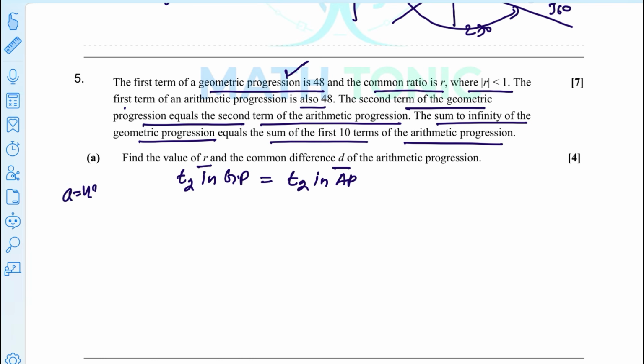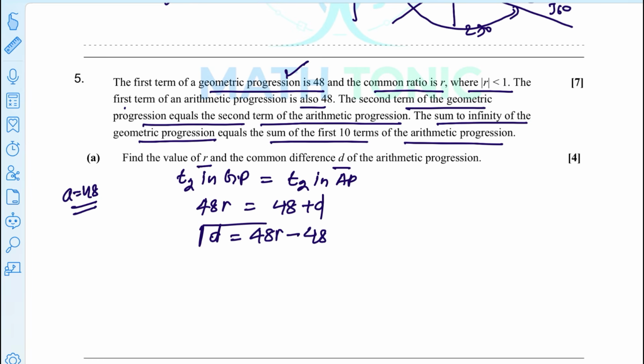So a equals 48 is given. Now what is term 2 in GP? We can say it is 48r, the common ratio. And term 2 in AP will be 48 plus d. Both are equal, it's given. Term 2 in GP equals term 2 in AP. Now if I rearrange d here, d equals 48r minus 48.